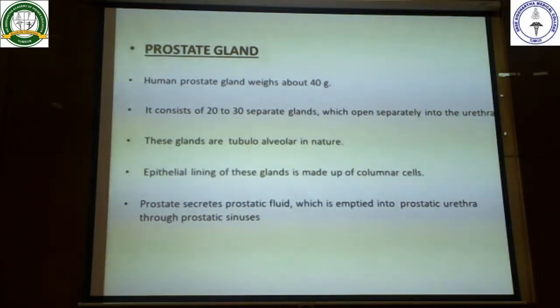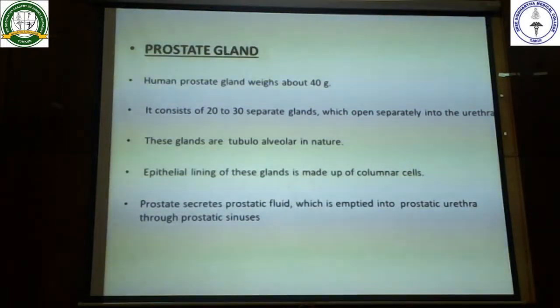And this prostate gland secretes the prostatic fluid, which is again a component of the semen. So by this you can understand semen, which is the final outcome, which is finally ejaculated into the urethra. It contains the sperms from the testis, it contains seminal fluid from the seminal vesicle, and it contains the prostatic fluid from the prostate gland.